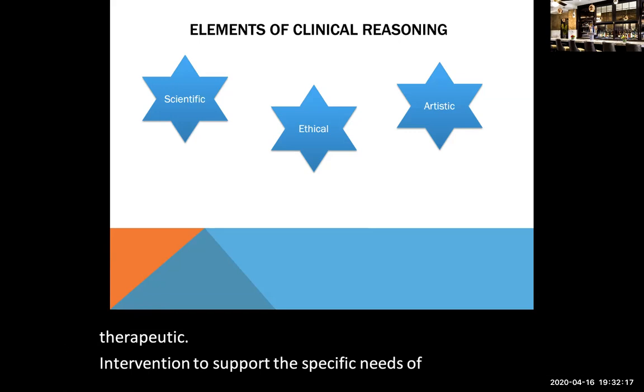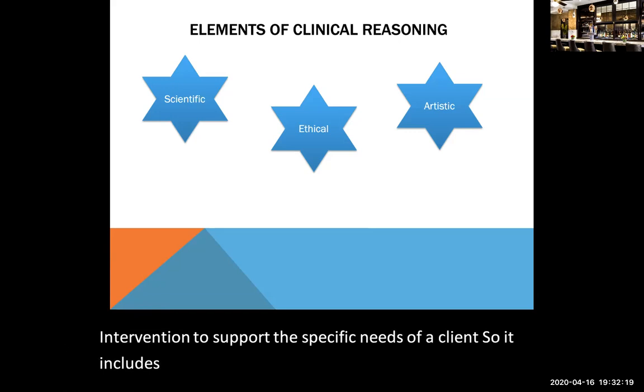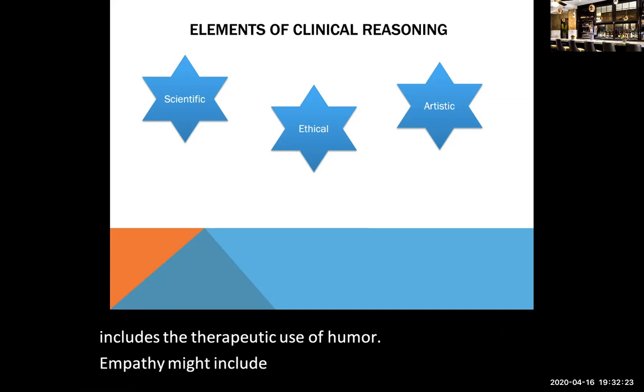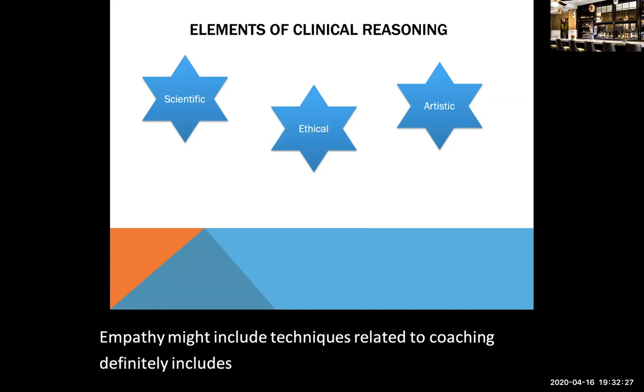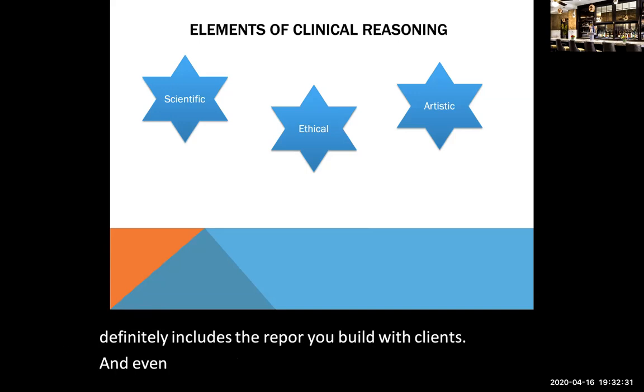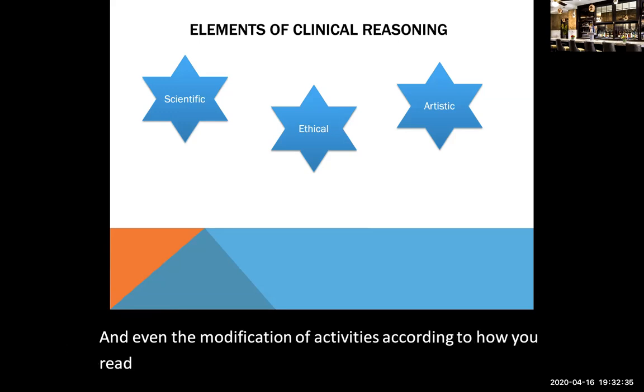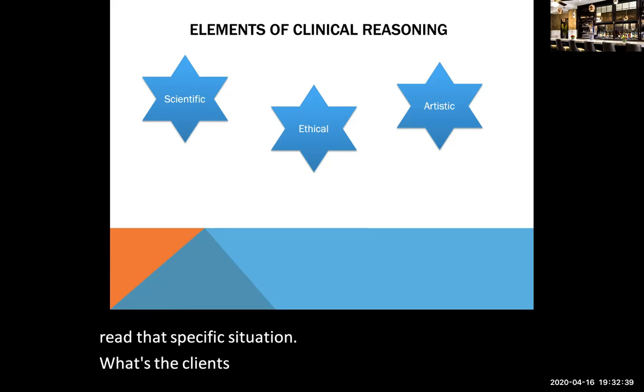So it includes the therapeutic use of humor, empathy, might include techniques related to coaching, definitely includes the rapport you build with clients, and even the modification of activities according to how you read that specific situation. What's the client's mood? What's their mindset? What's their outlook? And you adjust as you go.